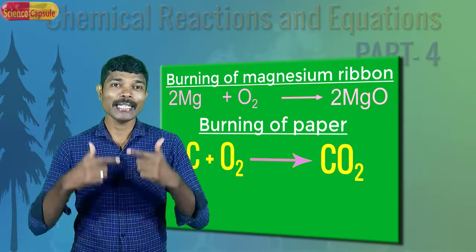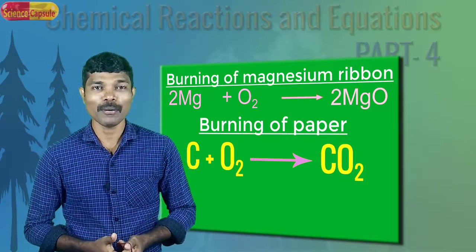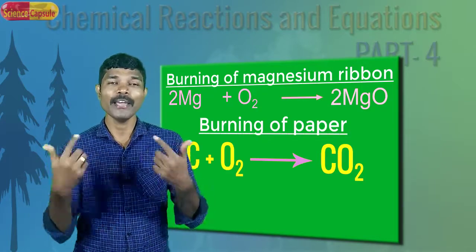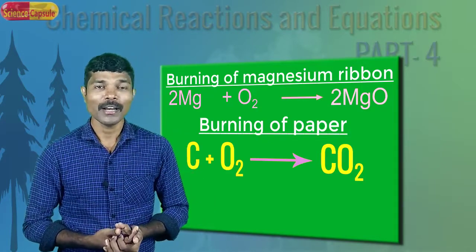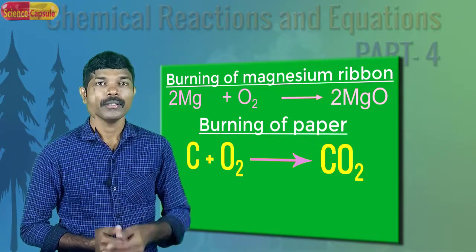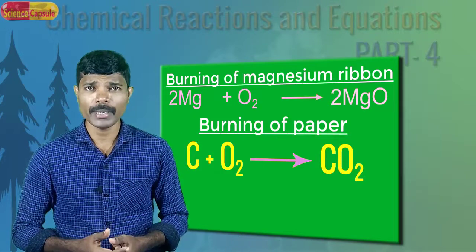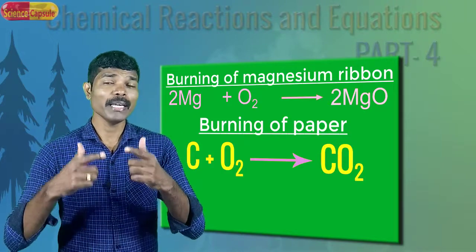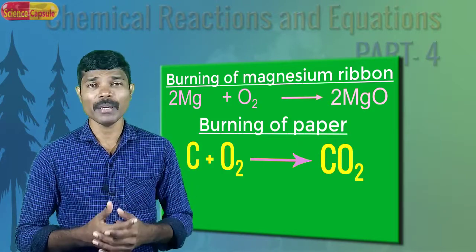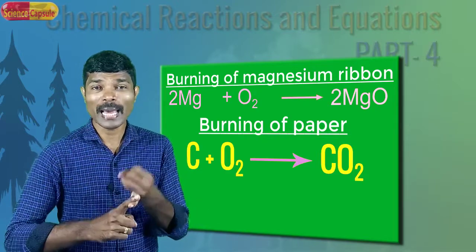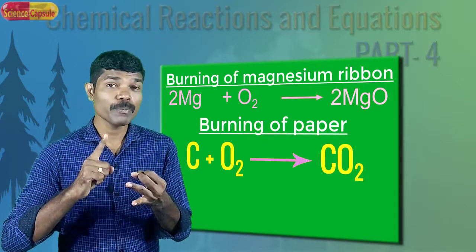If you understand the basic nature of a combination reaction, then you will be able to classify everyday chemical changes under combination reaction. These are some examples of combination reactions, and more examples are given in your textbook. Whenever you write a chemical equation for any type of chemical reaction, the chemical equation must be balanced. Reaction conditions must be fulfilled.